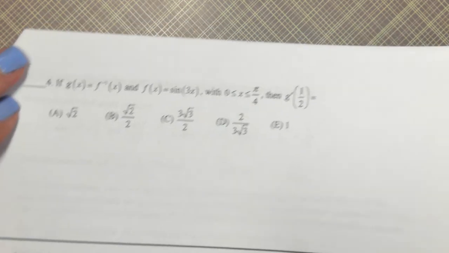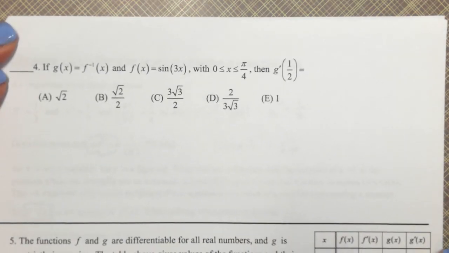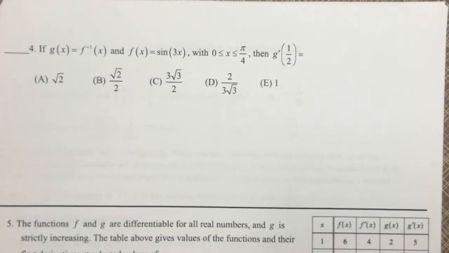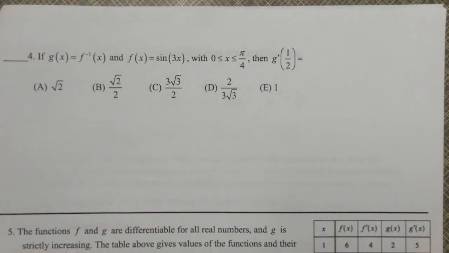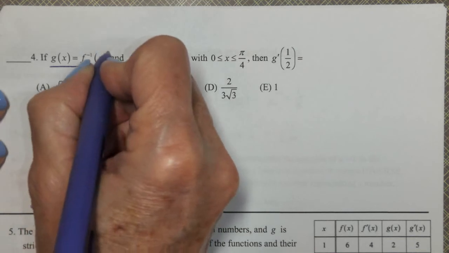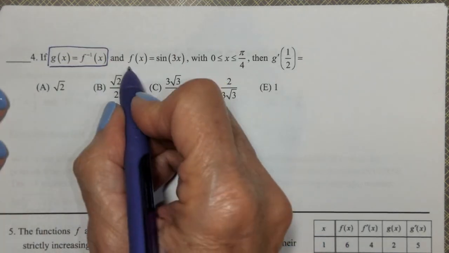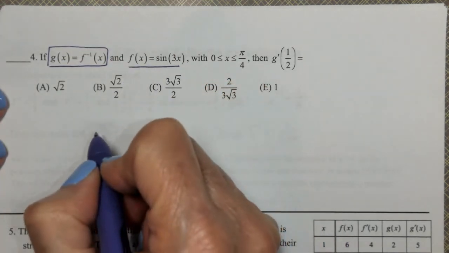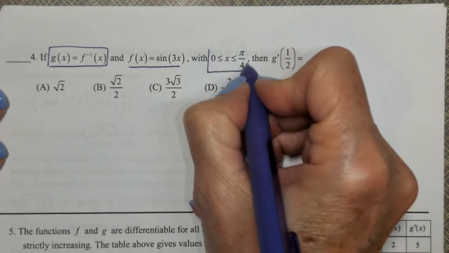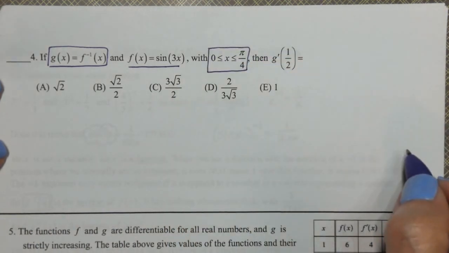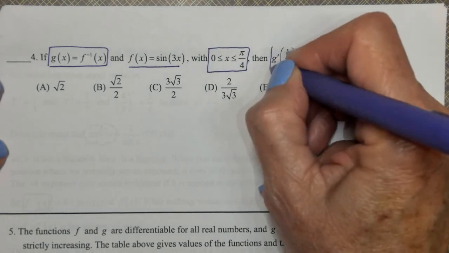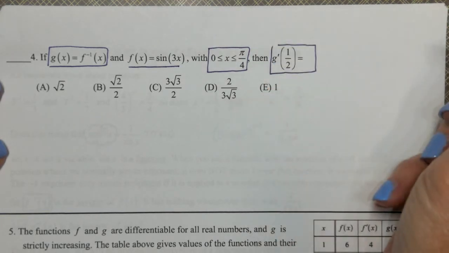Okay, take a look at a couple more examples here. Number 4. If G is the inverse of F, and F is sine of 3x with x between 0 and pi over 4, then G prime at 1/2 is what?